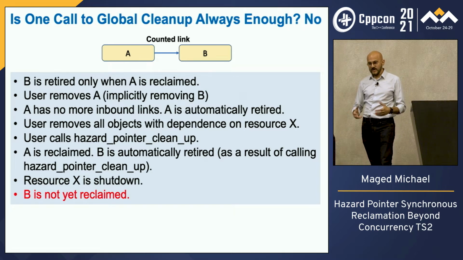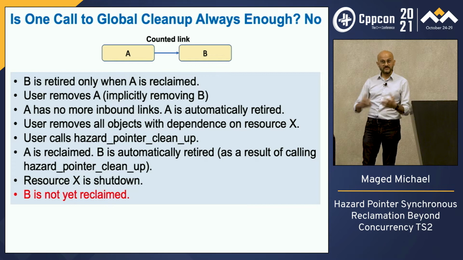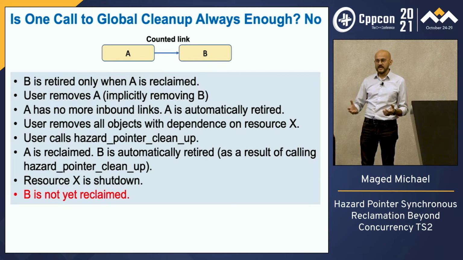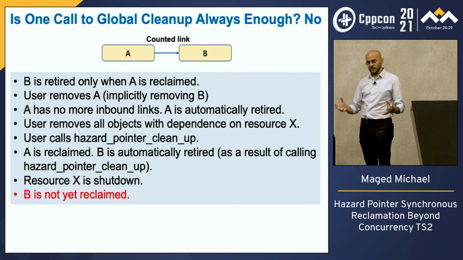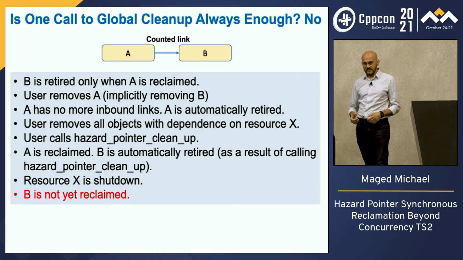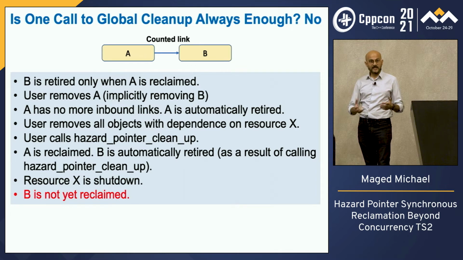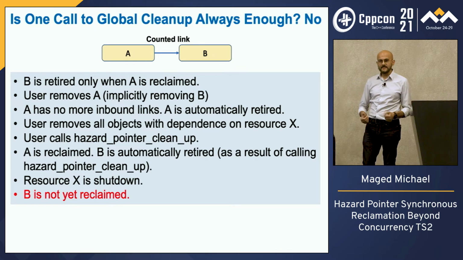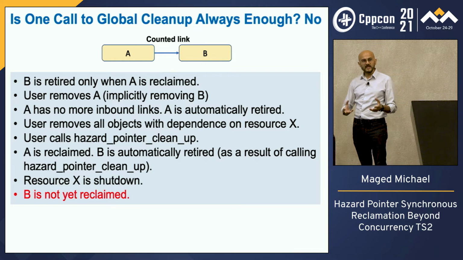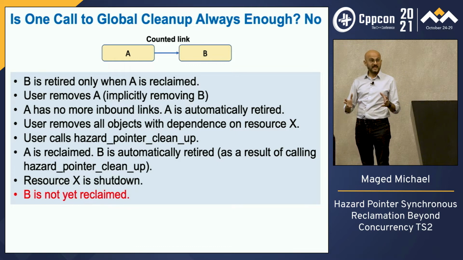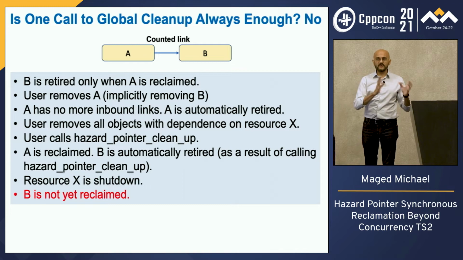So the thread says, okay, I removed all the objects of that type, but I really need synchronous reclamation, so let me call hazard pointer cleanup. It's thinking we need to reclaim A and B. But in this case, cleanup will reclaim A because it was retired before the call.